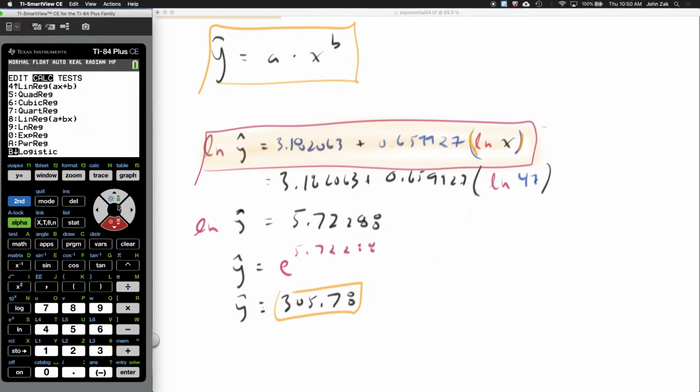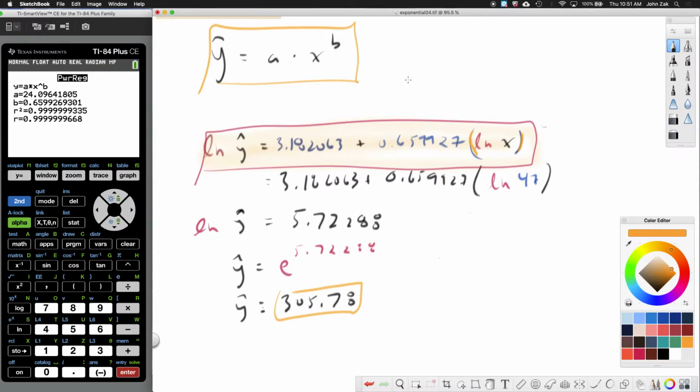Actually, there is a power regression function too. If I go to power regression, with all my data stored in L1 and L2, my original x's and original y's, and I hit calculate, then the calculator will generate a power model for me, of this form, without me doing all these crazy transformations.